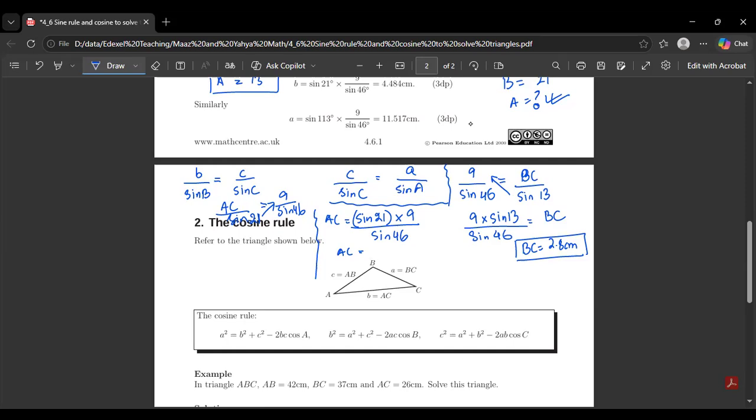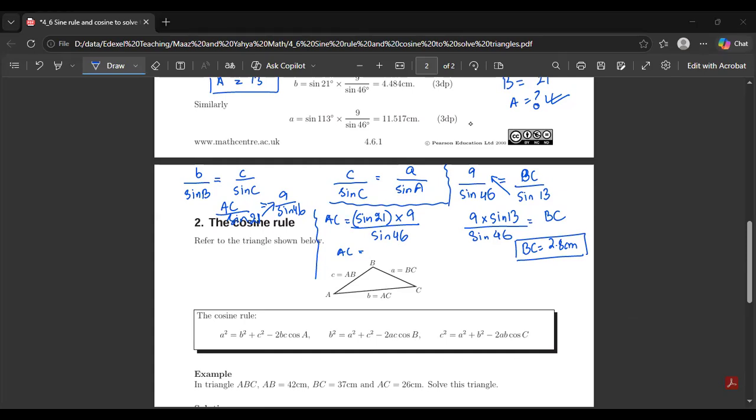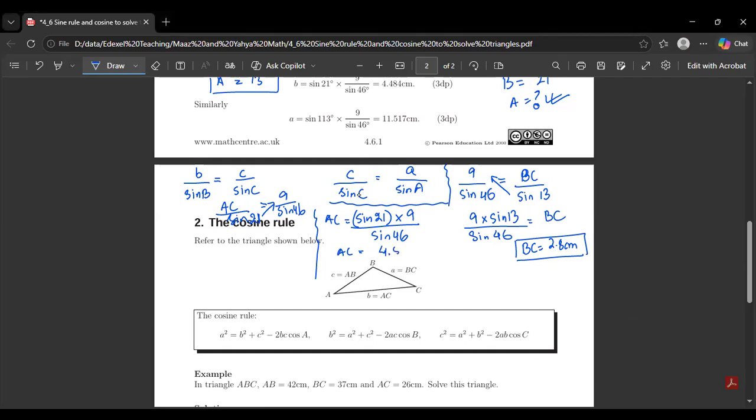What answer are we getting? One second, I'm calculating. 9 times sine 21... 4.5. Yes, 4.5. Okay, so 4.5 centimeters.